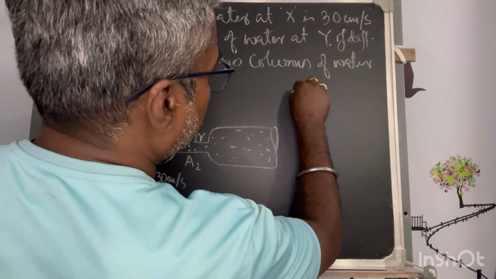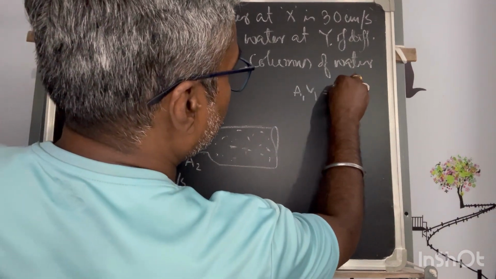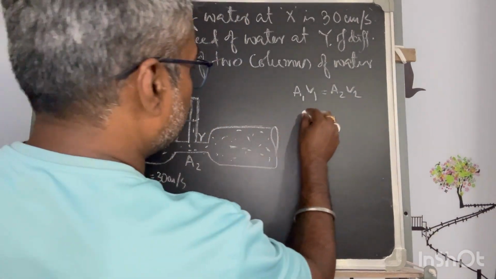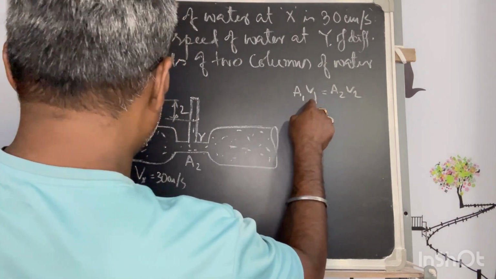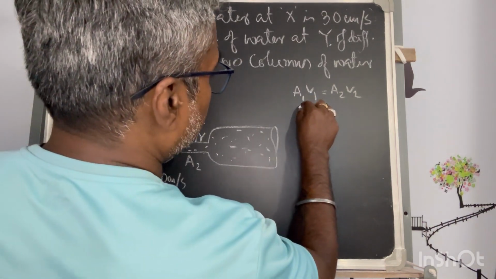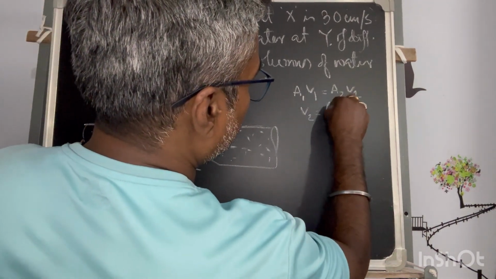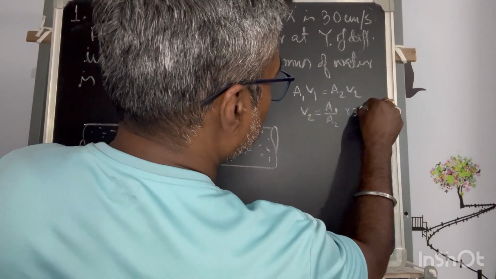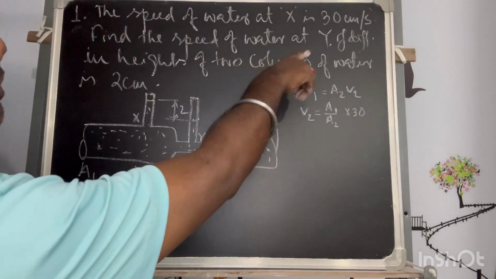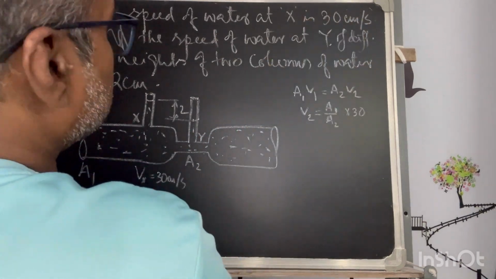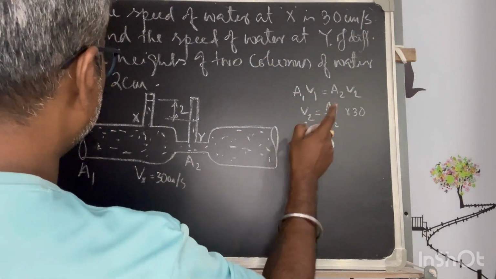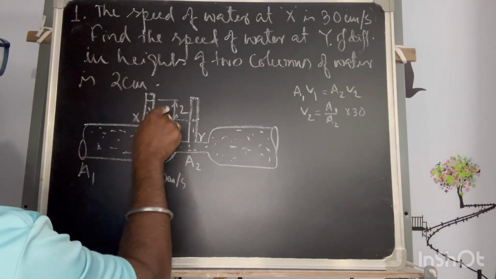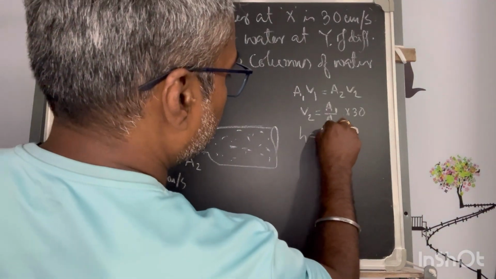Let's say A1 V1 is equal to A2 V2. That continuity formula you can use. V1 is given as 30, so that means V2 is equal to A1 by A2 into 30. These are all in CGS. This is a 2 centimeter column difference, H is equal to 2 centimeter.